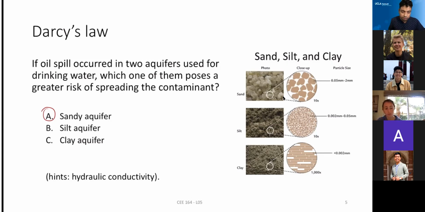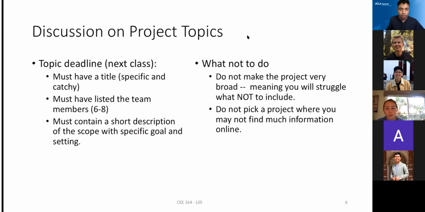I didn't tell you anything about adsorption, so you have to guess based on how far water can move. Based on the particle size, you know that sandy aquifers have high hydraulic conductivity. That means they allow water to move much faster, so pollutants can move much faster. That's what you should know from the last class.